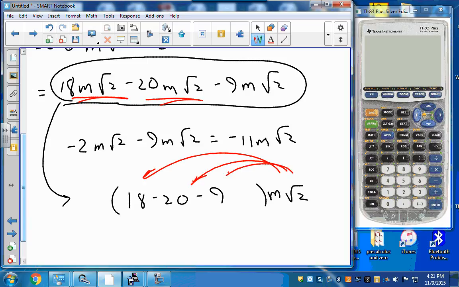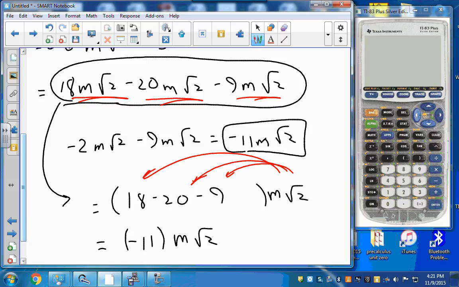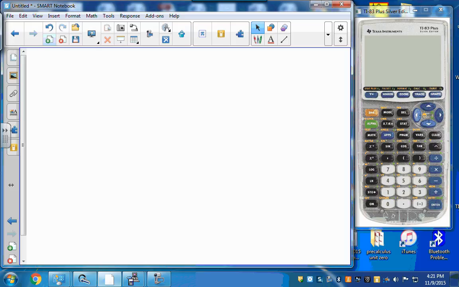And this times negative 9 gives me that. So, sure enough, 18 take away 20 is negative 2, negative 11m square root of 2. Okay. So not terribly bad if you simplify each term. That was problem 17. Look at 23.